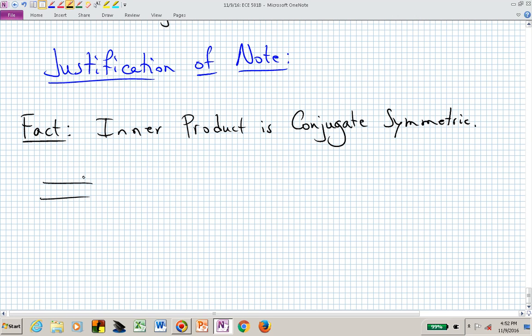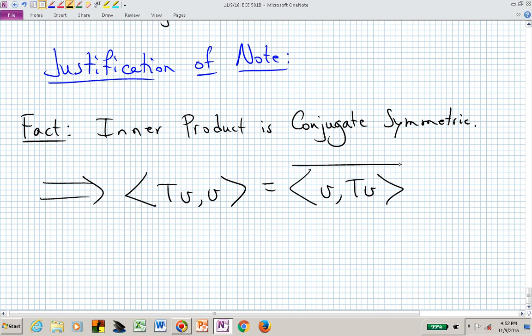Meaning, if we have the inner product of TV with V, then that's equal to interchanging the vectors in the slots, but then complex conjugating that. So that overbar means complex conjugate. That's a fact.